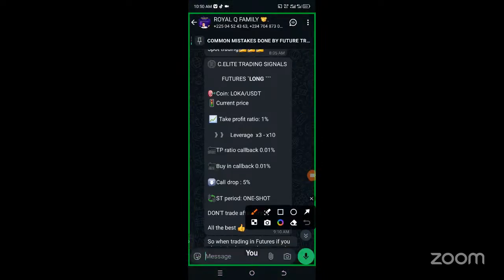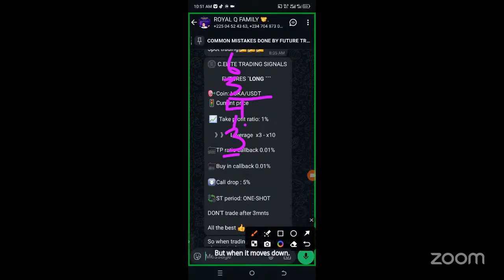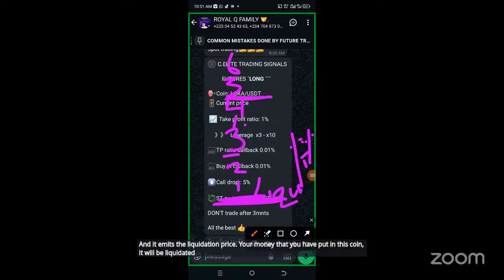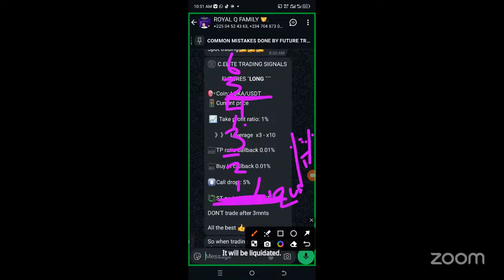You buy at a lower price, let's say you buy at $3. For you to make profit, this coin has to go up to 4, 5, or 6. But when it moves down to 2 and 1, it meets the liquidation price, and your money that you have put in this coin will be liquidated.